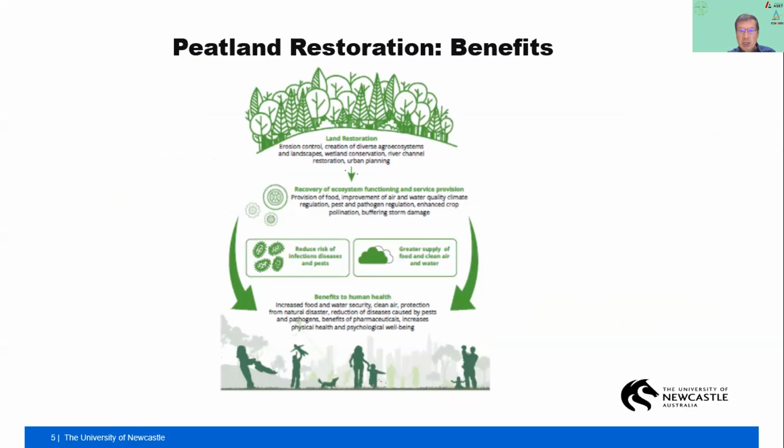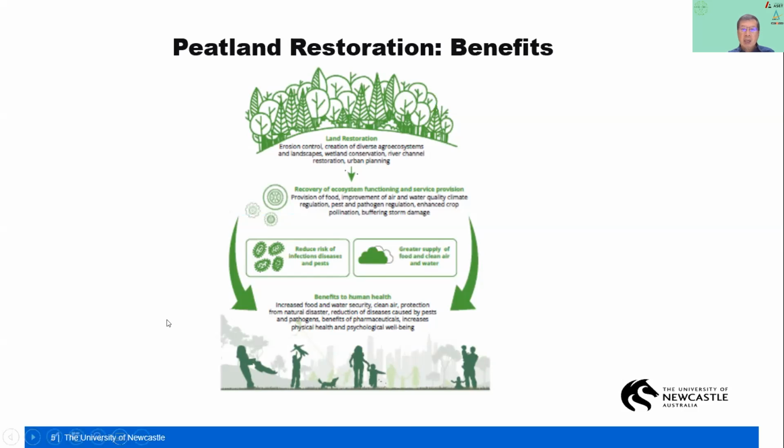The benefits of peatland restoration, as we see in this figure, are recovery of ecosystem functioning, provision of food, improving air and water quality, climate regulation, pest and pathogen regulation, enhanced crop pollination, and buffering storm damage.